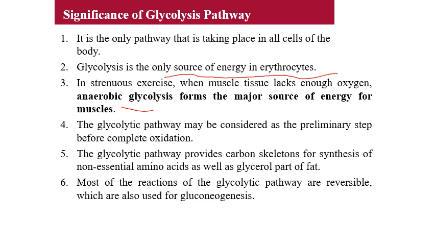And it is a preliminary step before the complete oxidation. And it provides the carbon skeletons for the synthesis of non-essential amino acids. And also it provides the carbon skeleton for the glycerol part of fat. And most of the glycolytic pathways are reversible, and those steps can participate in gluconeogenesis.